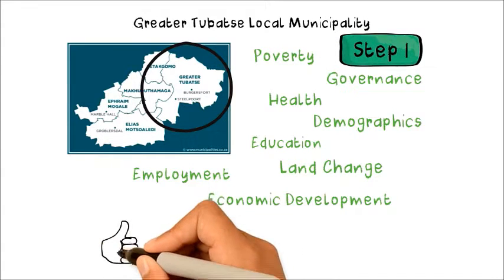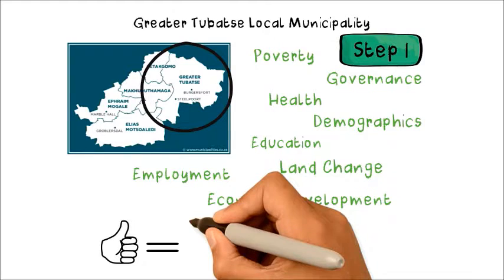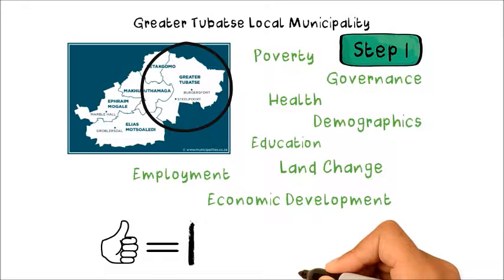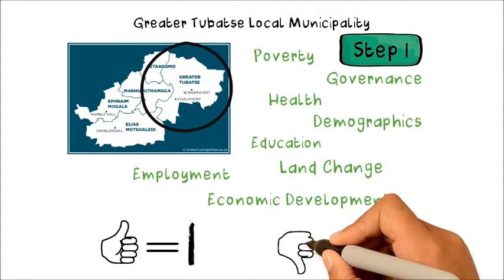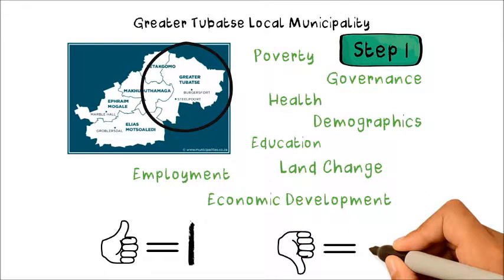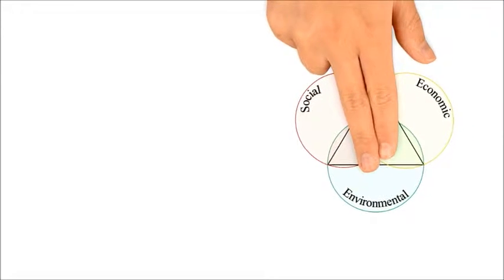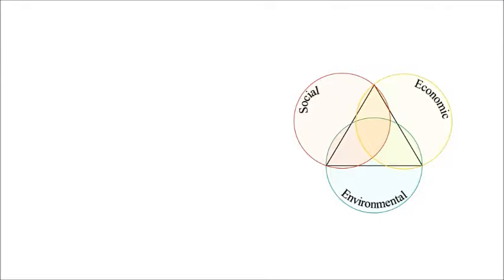If the municipality fared better than the specific sphere of government against which it was measured, it received a score of 1. If the municipality fared the same, no score was allocated, and if it fared worse, it received a -1. The sustainability indicators are grouped under the 3 pillars of sustainability. In other words, social, environmental, and economic.